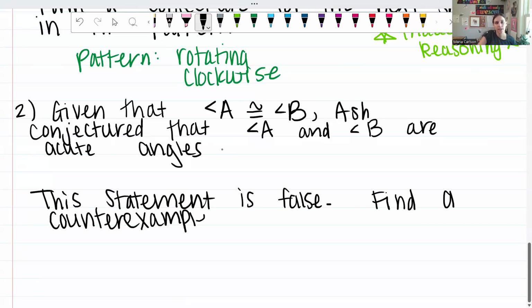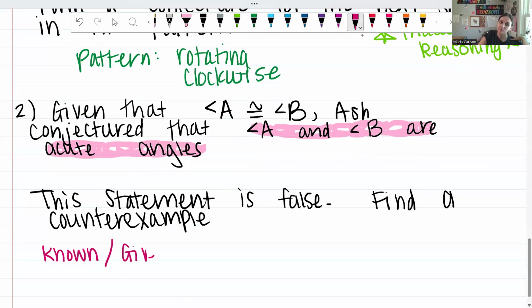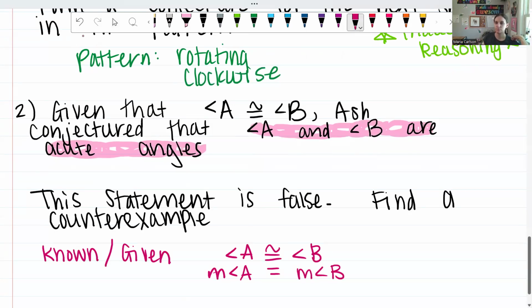Our conjecture, our claim, is that A and B are acute angles, given that angle A is congruent to angle B. So we know, or it's given, that angle A is congruent to angle B, which really means the measure of these two angles has to be the same. The measure of angle A is equal to the measure of angle B. And Ash is conjecturing that angle A and angle B have to be acute angles.